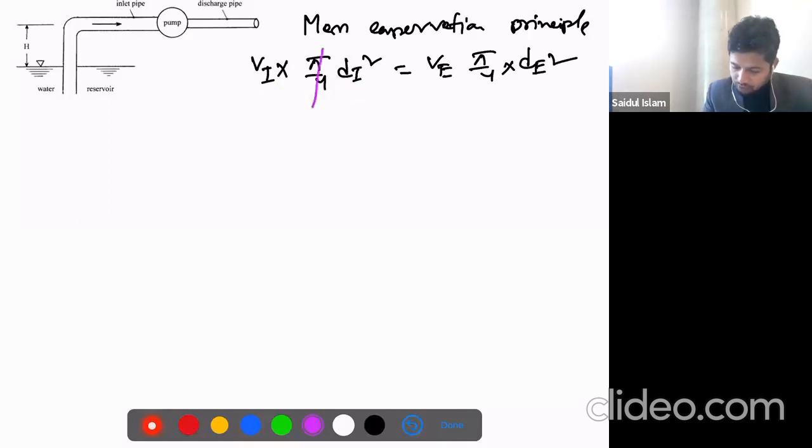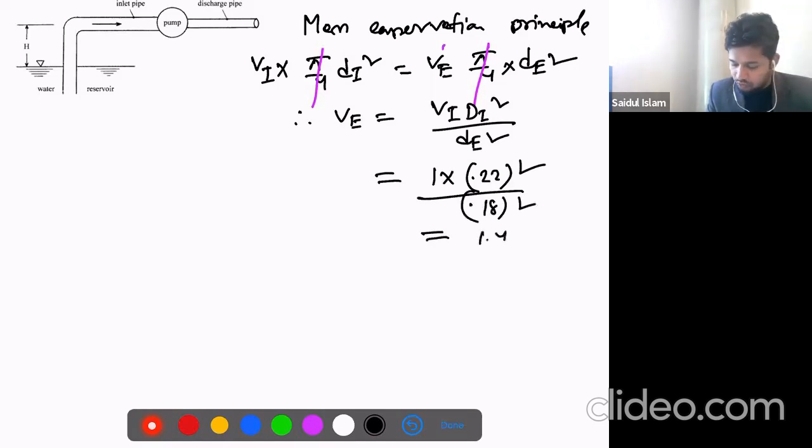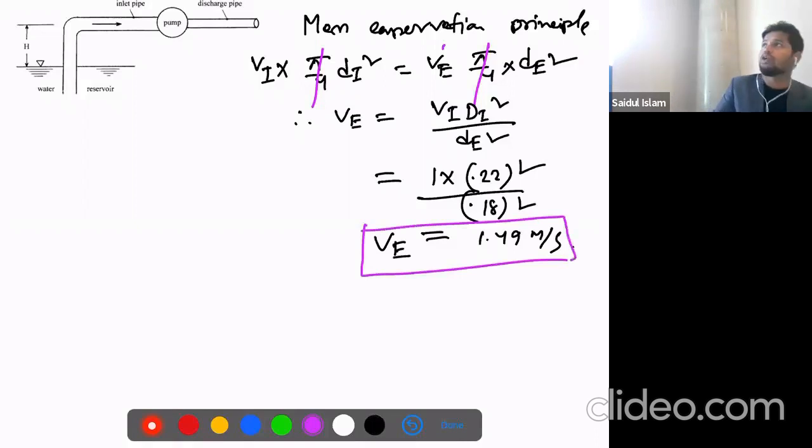We can cancel out pi by 4 from both sides, and then VE will be VI DI squared over DE squared. VI is 1, DI is 0.22, and DE is 0.18. So it will be 1.49 meters per second. This is VE, the outlet velocity.